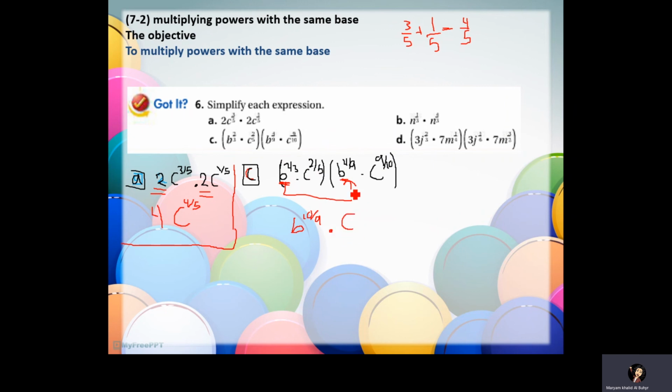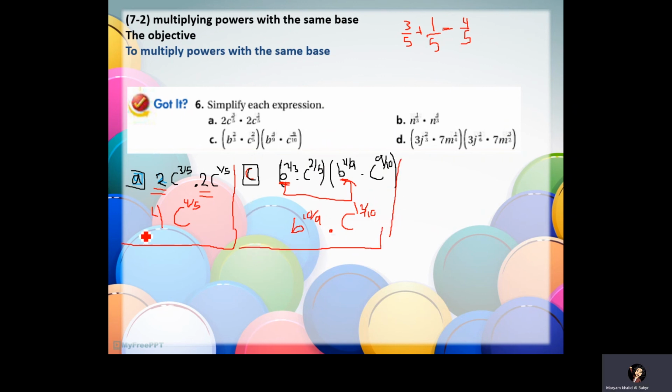After you do the calculation for 2 over 5 and 9 over 10, you need to multiply this fraction, the numerator and the denominator, by 2. So it will be 13 over 10. That's it for this one.